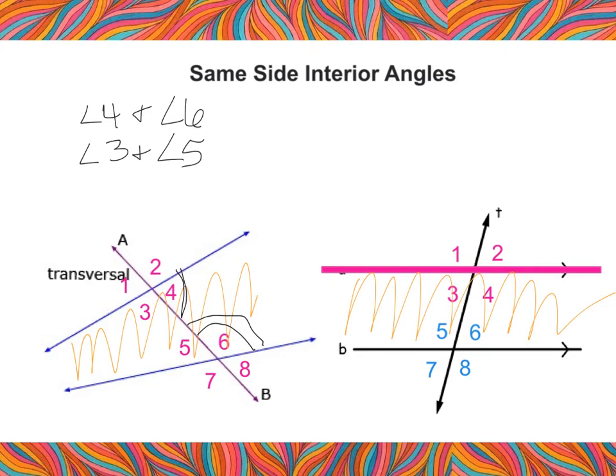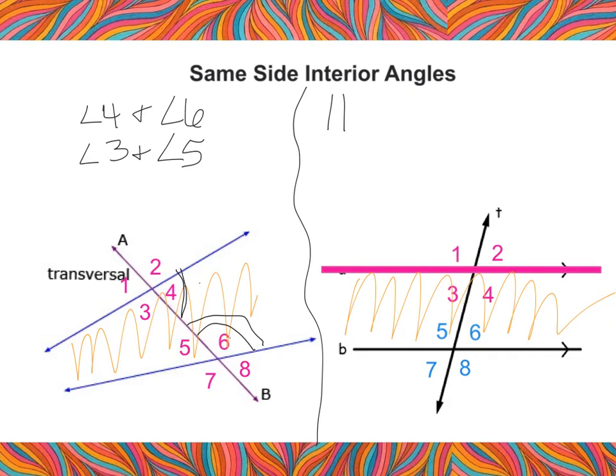For our same-side interior angles, let's consider the right diagram. There's no relationship on the left, because those lines are not parallel. But on the right, we have two parallel lines cut by a transversal. When this happens, special things occur.